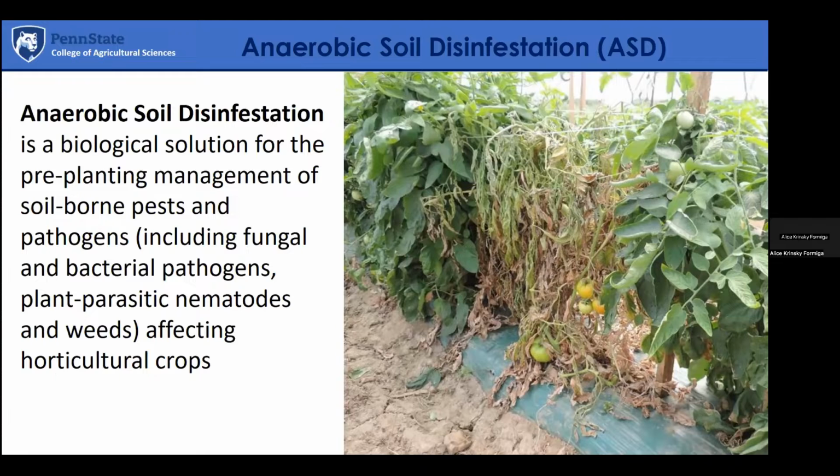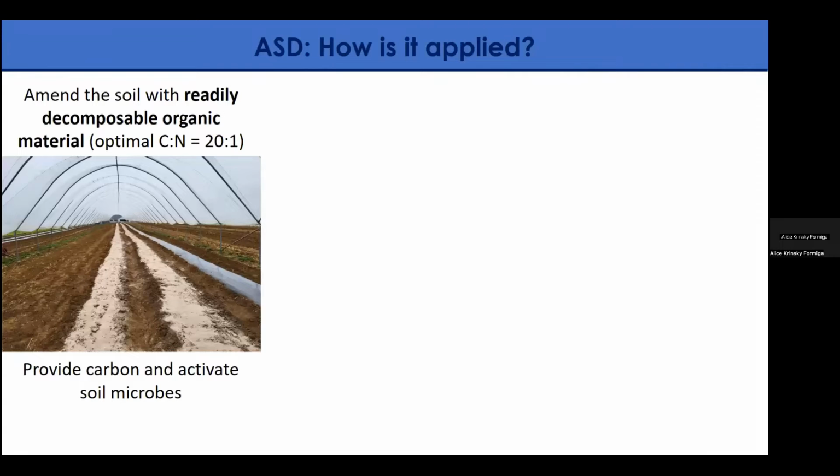It is usually applied to horticultural crops because for other crops, it may not be a cost-effective solution in managing soil-borne pests and pathogens. In the last webinar, we also went through how ASD is applied, and it is a three-step process. The first step is to amend the soil, incorporating into the soil a readily labile, decomposable organic amendment.